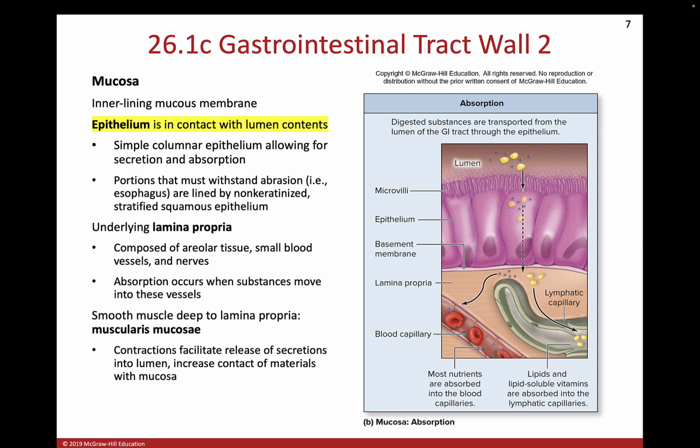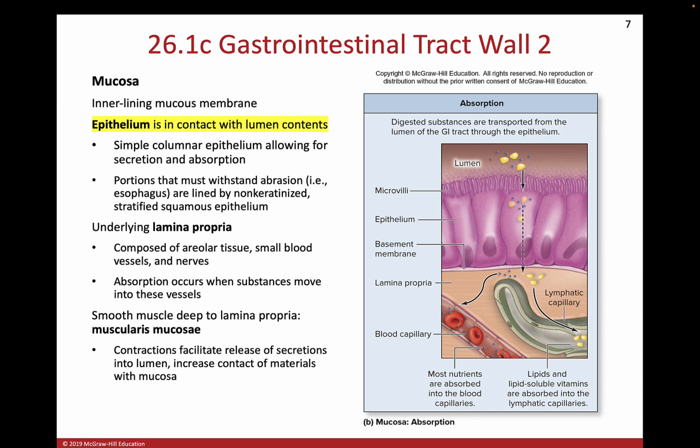There is an underlying lamina propria, kind of think of a subfloor, and that is composed of areolar tissue, small blood vessels, and nerves. Absorption occurs when substances move into these small vessels. Now, there is a small, smooth muscle layer deep to the lamina propria, and this is known as the muscularis mucosa.